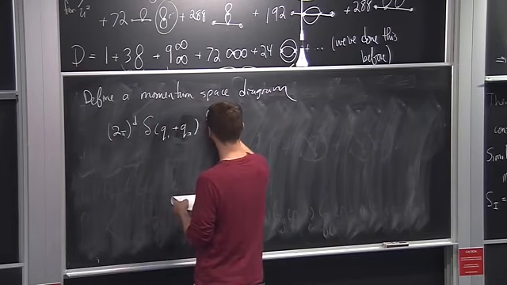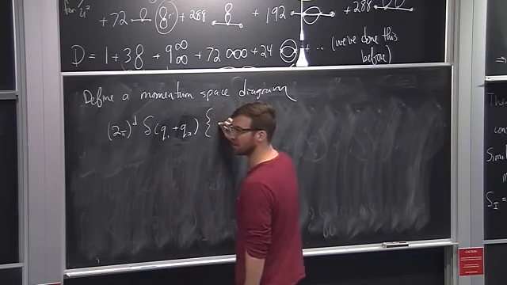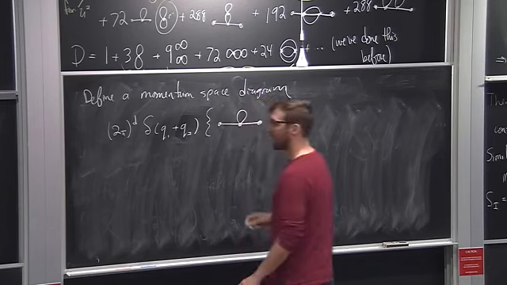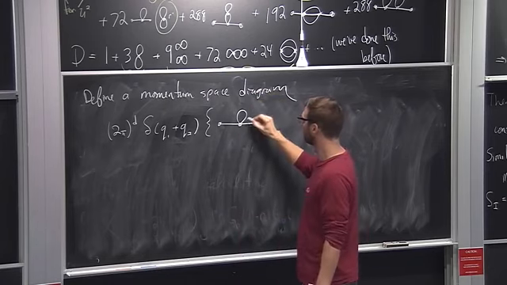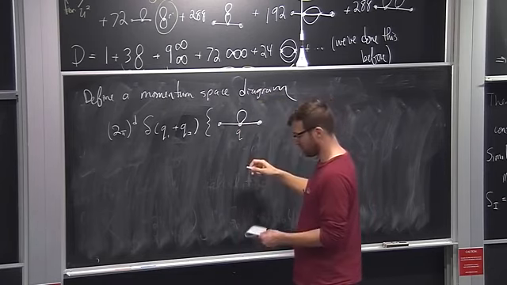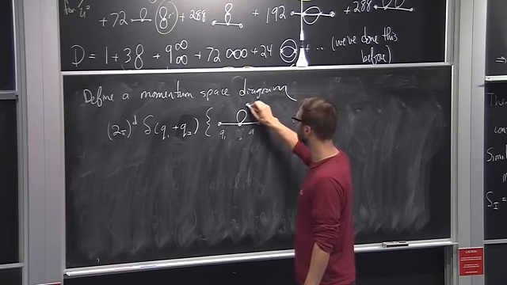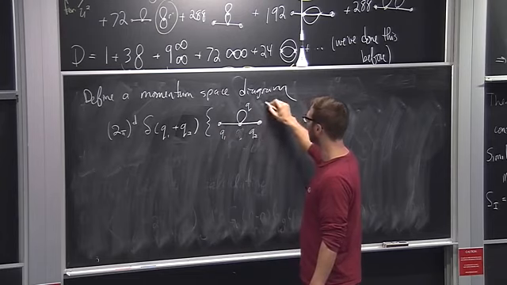Kind of like a constraint on a diagram that's labeled by Q's. All right, so I have an internal Q, a momentum, and a momentum. I'm going to write this up here, Q1 and Q2.